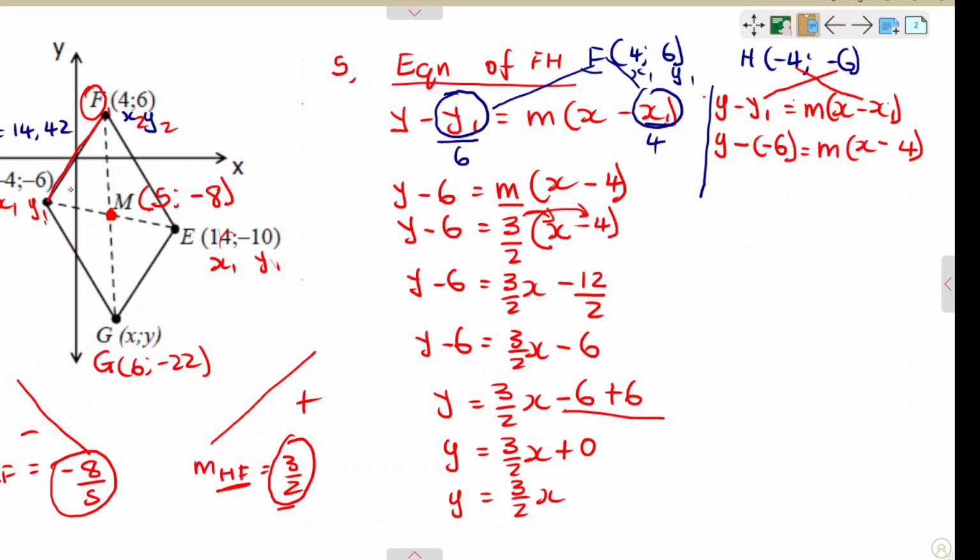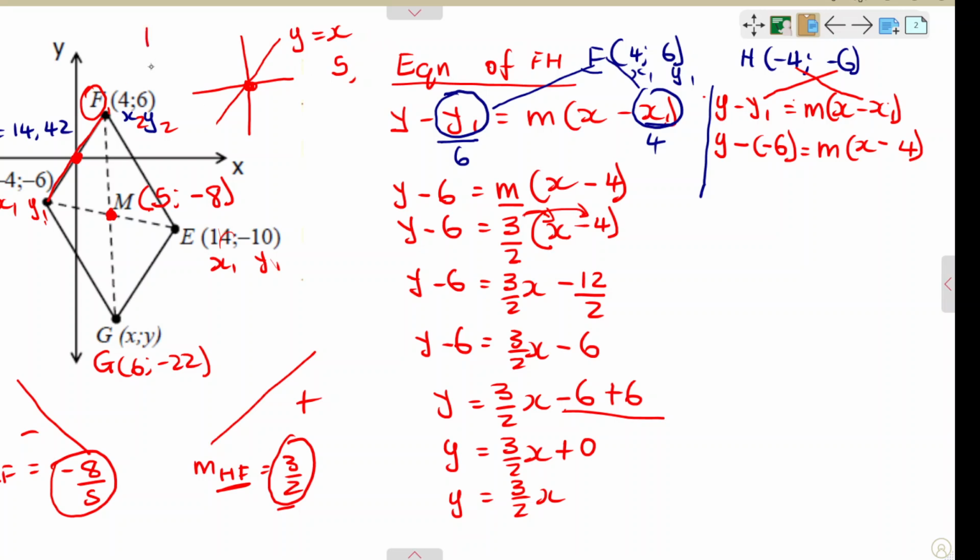Now, the line FH is passing through the origin. That's why it has no c coordinate. It doesn't have any y coordinate. Remember, I'll show you when we do the functions. If a line is cutting through the origin, this line is a line of y equals x. There is no c coordinate.